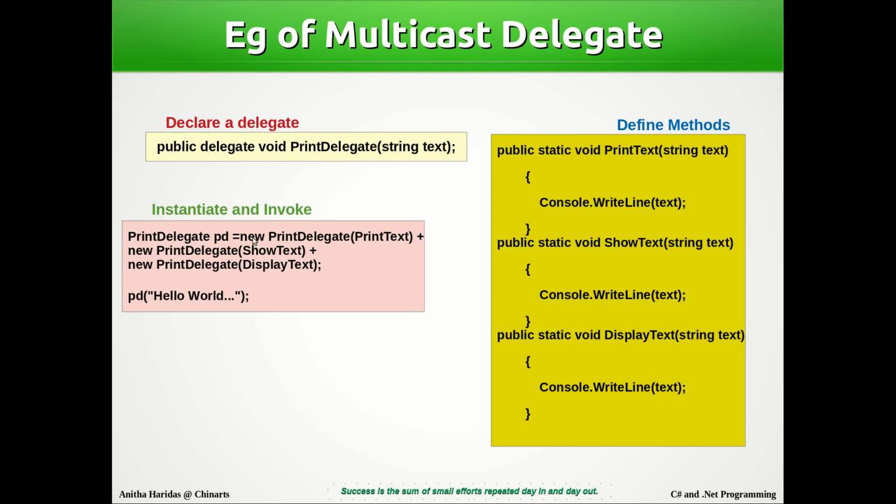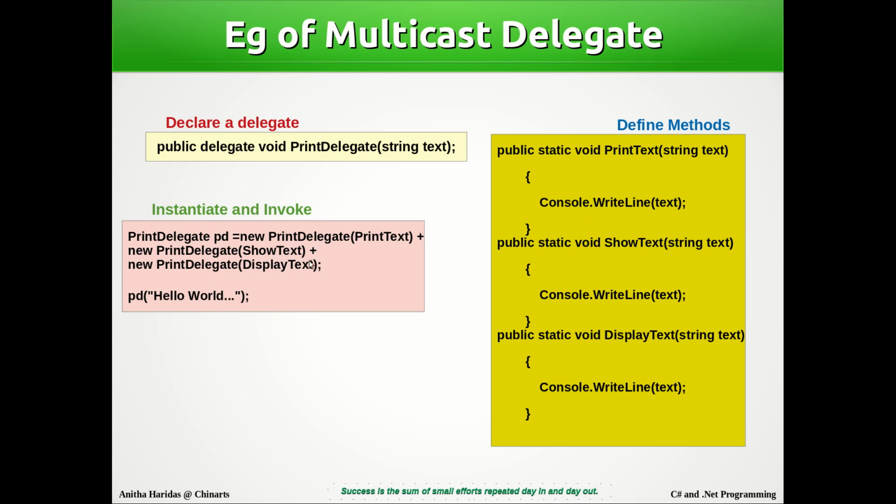Three delegate objects will be created using the new operator. The first new operator creates one object that contains a reference to PrintText, the next creates a delegate reference that points to the ShowText method, and the last creates a reference to the DisplayText method. All these three simple delegate references are combined together, which we call PD.